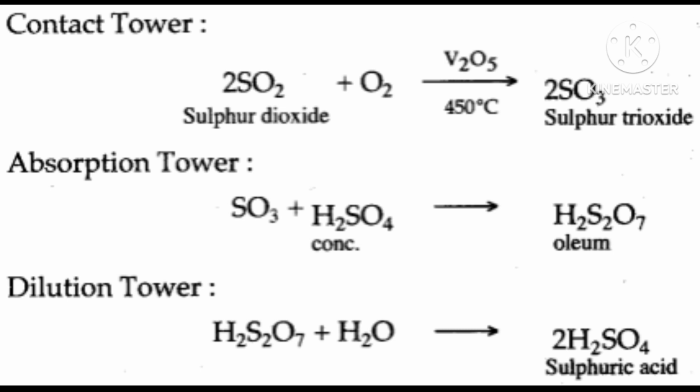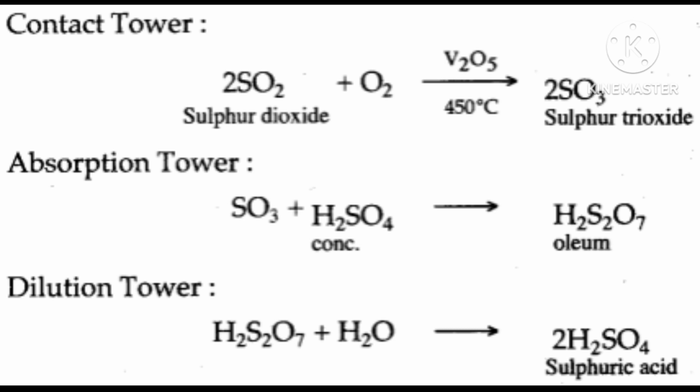Then you will get dry SO2, because the H2SO4 spray will absorb any H2O. Then you will get dry SO2, and there you will mix it with oxygen, or oxygen may be there from the beginning.